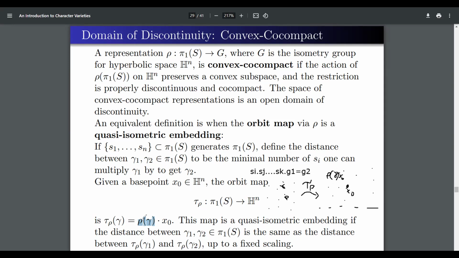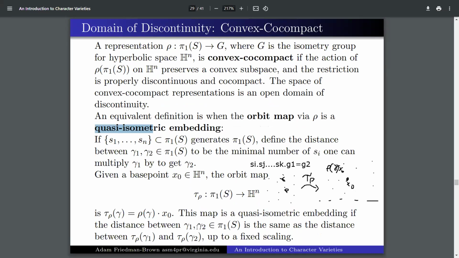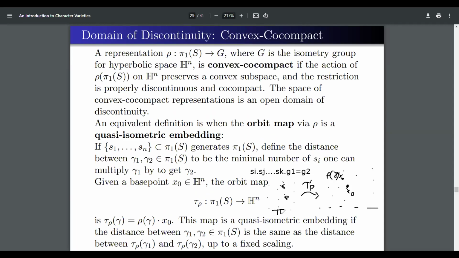And we need this map here to be what's called quasi-isometric, which is to say that the distance between two points in the fundamental group has to roughly stay the same distance between each other in Hn, which has some hyperbolic metric on it.